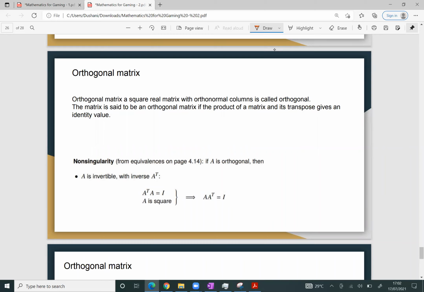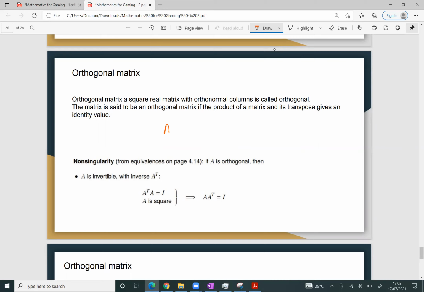Okay, now we come to the orthogonal matrix. A matrix is said to be an orthogonal matrix if the product of a matrix and its transpose gives an identity matrix.